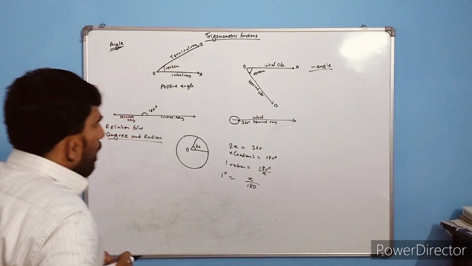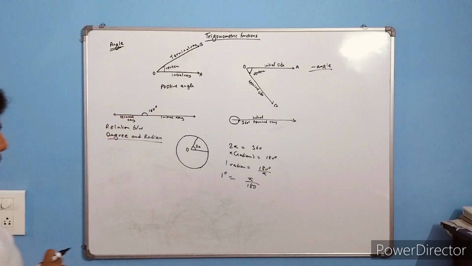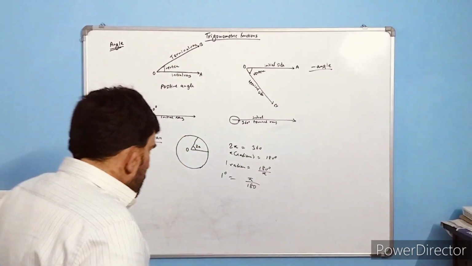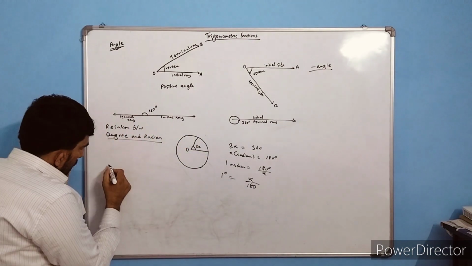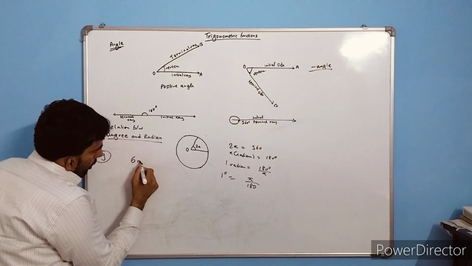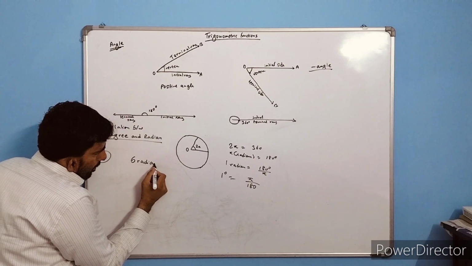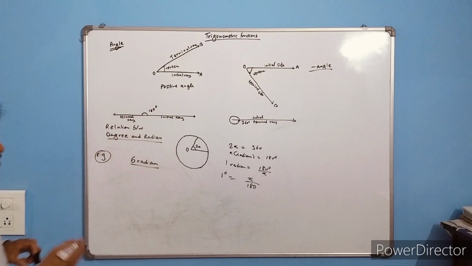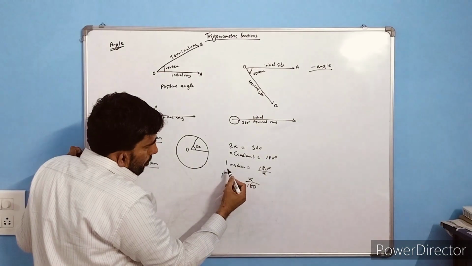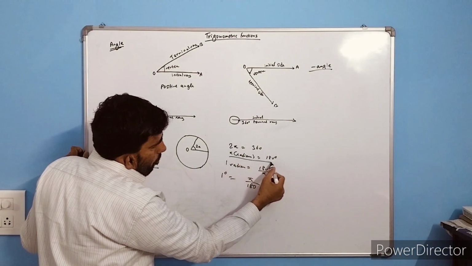Now, by an example we can easily understand what they want to ask. For example, 6 radian is given, and we need to convert it into degrees. We have just learned that pi radian is equal to 180 degrees.